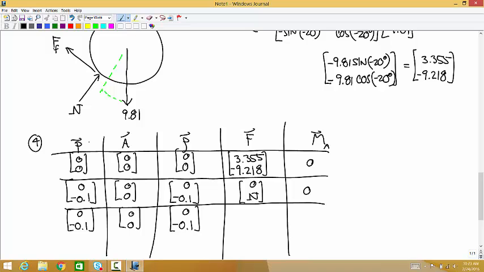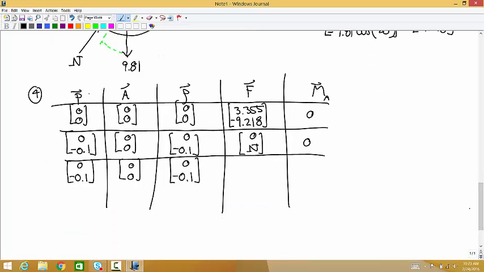And what are the components of the friction force? Negative F sub F, yeah. And the cross product is negative 0.1 times the force of friction.